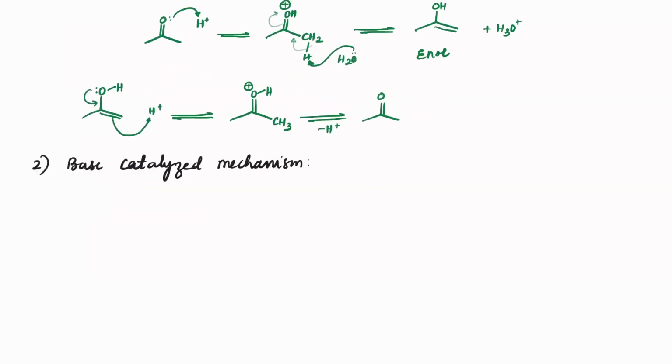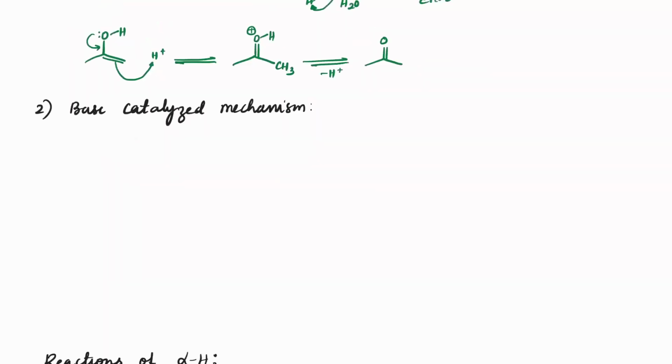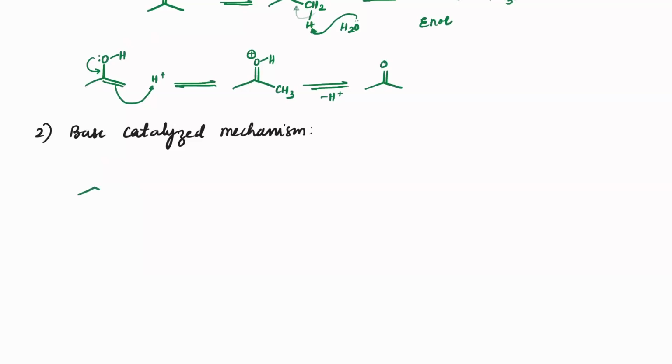Now notice the base catalyzed mechanism. We have double bond O, CH2 and H present. In basic medium, OH minus will take away H plus from here, and that will form double bond O, CH2 minus.